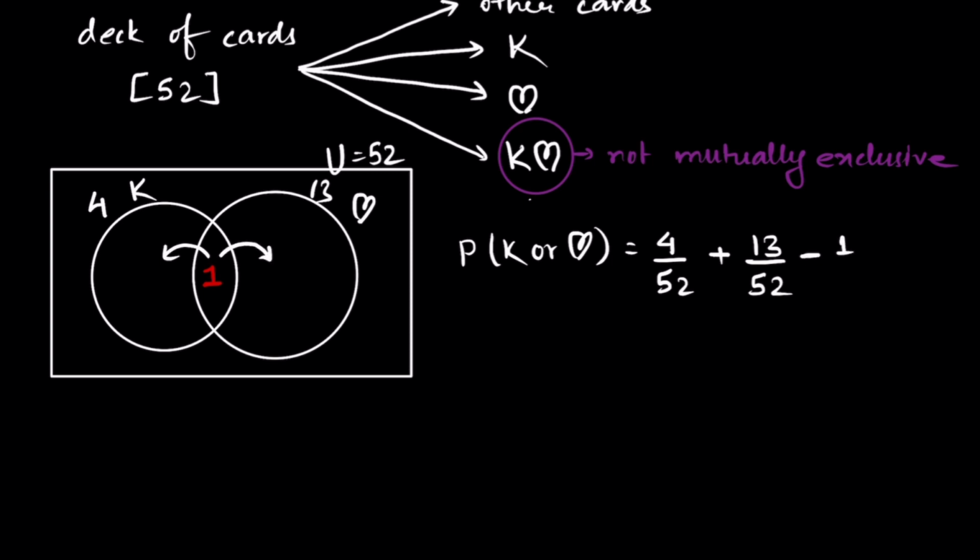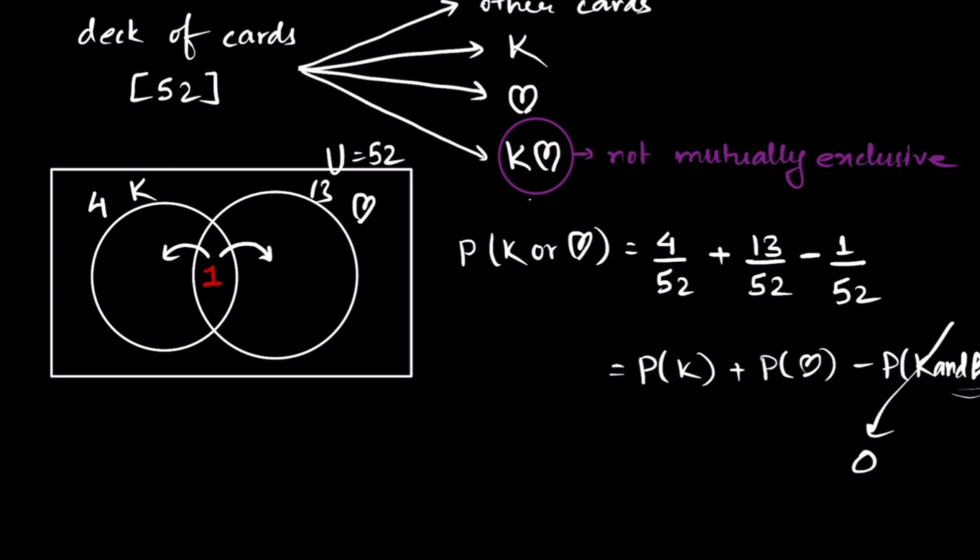So you need to remove it once. So 1 by 52, which is equal to probability of getting king plus probability of getting heart minus probability of getting king as well as heart. And if it was mutually exclusive, this part would be equal to 0. So that's it for rule of addition of probability.